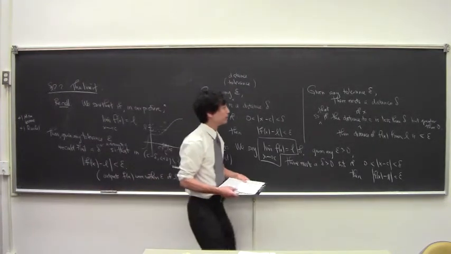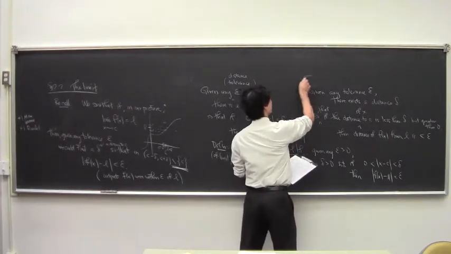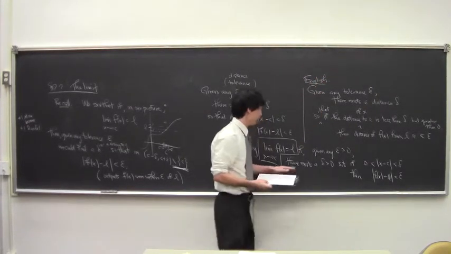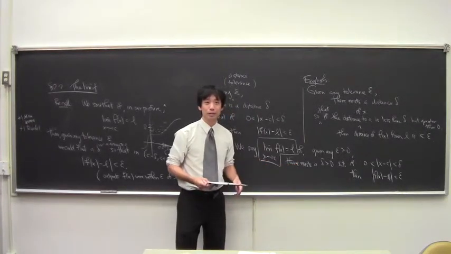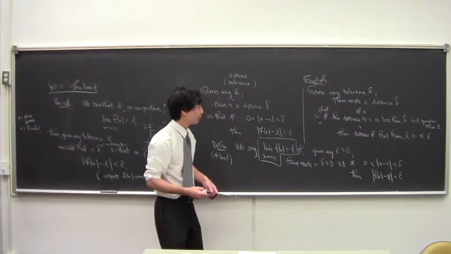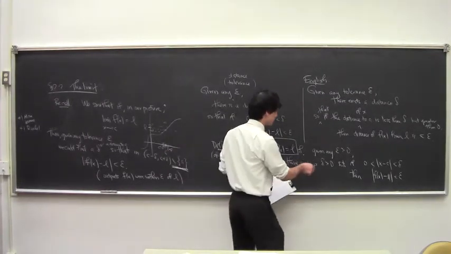And this is how you read it. This is the English version. This is the math version. There's actually more notation that people use to make this even more concise.